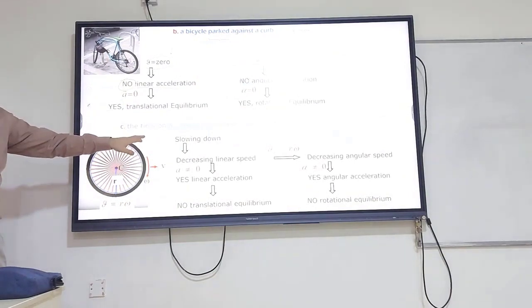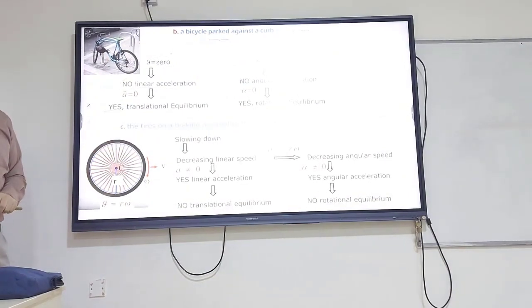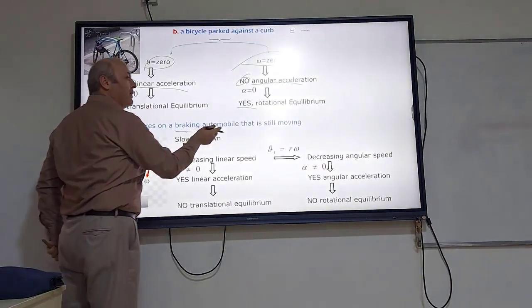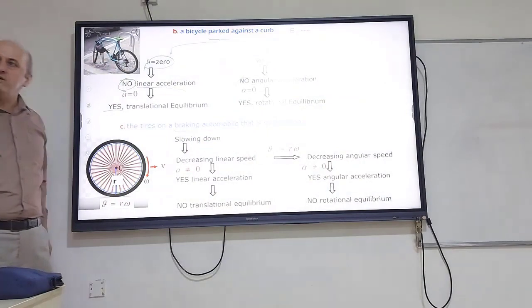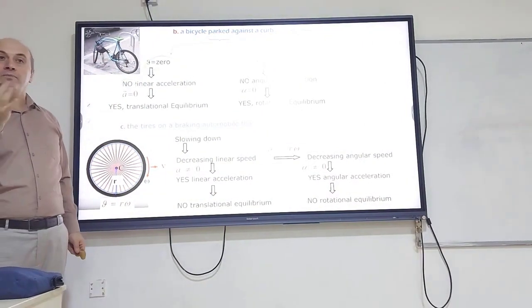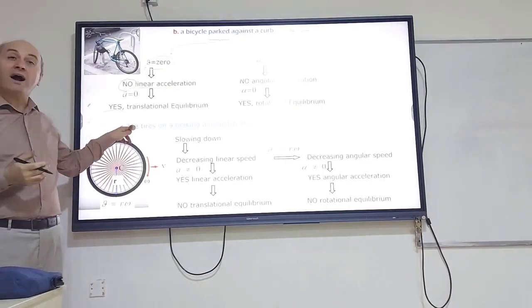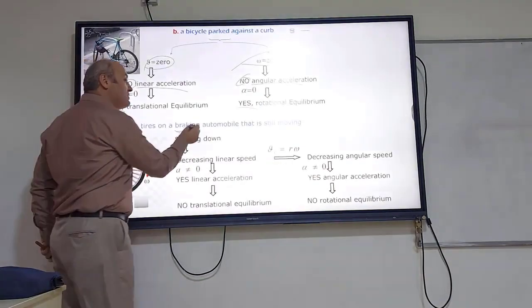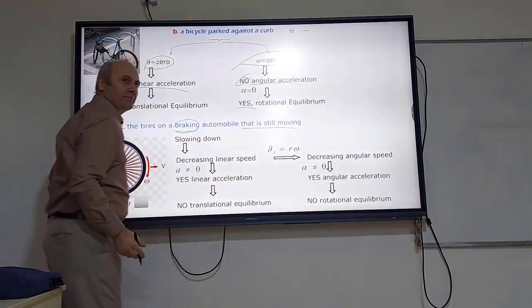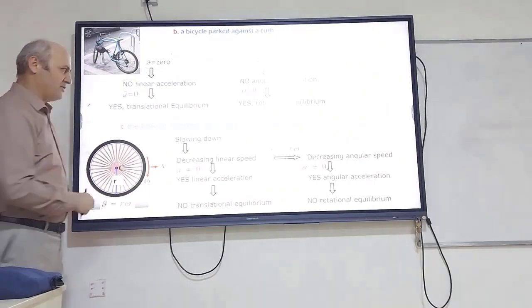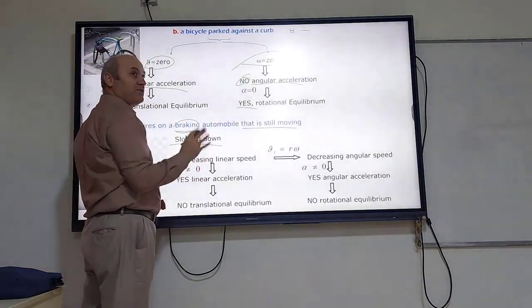Tires. But what is this question talking about? Tires. Just a tire, not the car. Tires on a braking automobile. The question mentions the automobile, but it is not about the automobile being in equilibrium or not. It's about the tires. Braking, what does braking mean? Slowing down. Both are decreasing.